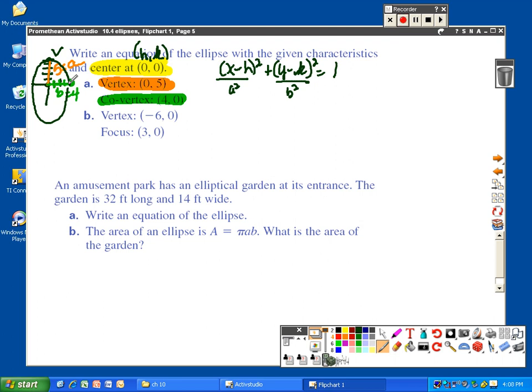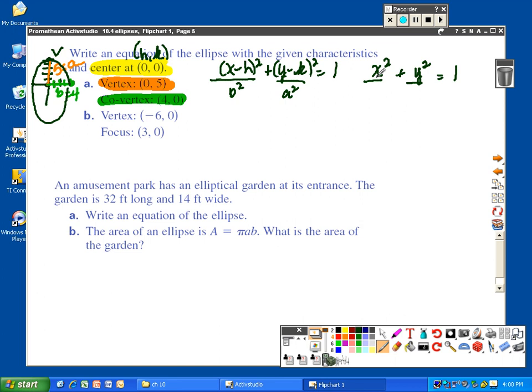So from that equation, since a is bigger than b, it will be elongated vertically. So actually, a squared should be under the y, and b squared should be under the x in this case. So this equation will be x minus 0, which is x squared, plus y minus 0, which is y squared, equals 1.